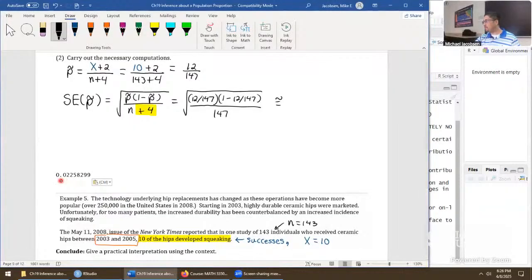So I would start at 0.0. First significant digit is the first non-zero entry, and let's keep 4 of them. So 0.02, or excuse me, 0.0225. We can round that one down to 8. So that's our approximated standard error at pretty high accuracy.